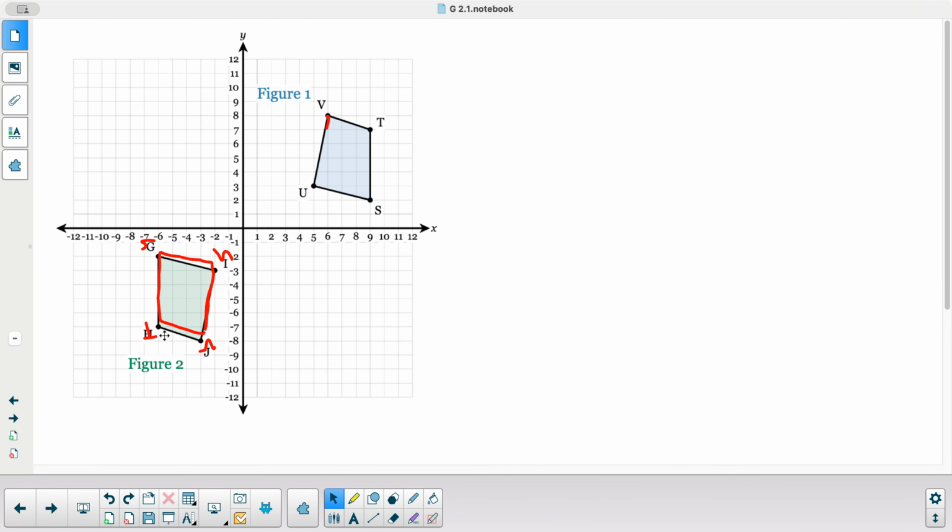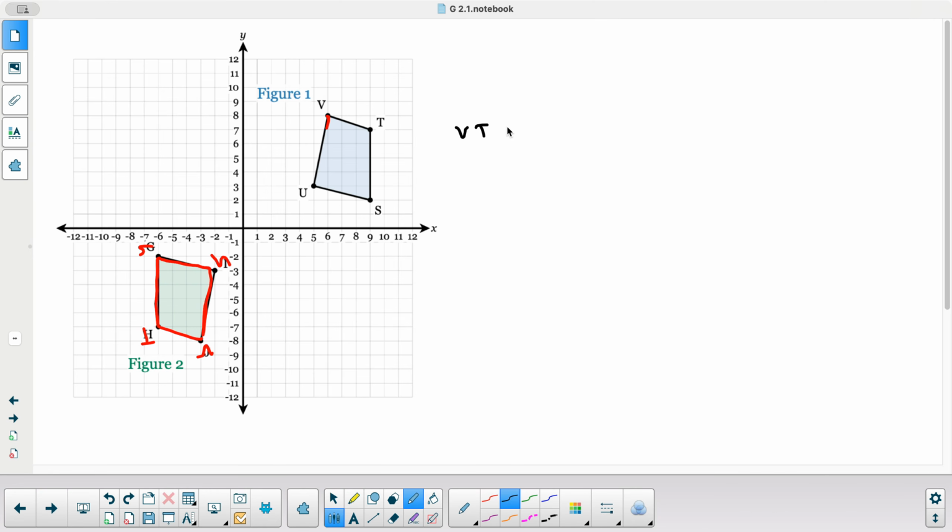So you can see T goes with H, S goes with G. Hard to tell because the letters got all turned upside down. This was the U. U goes with I, and V with J. So we could say VTSU is congruent to V was with J. T goes with H over here.